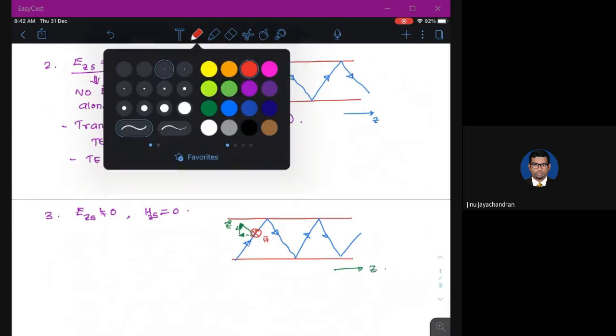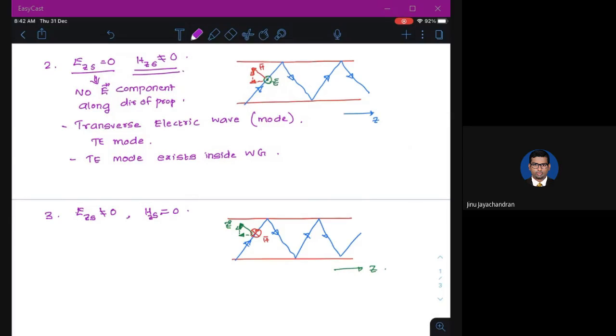So this mode or this wave is called a transverse magnetic mode or wave, both are same, or it's called TM mode. And TM mode exists inside a waveguide.